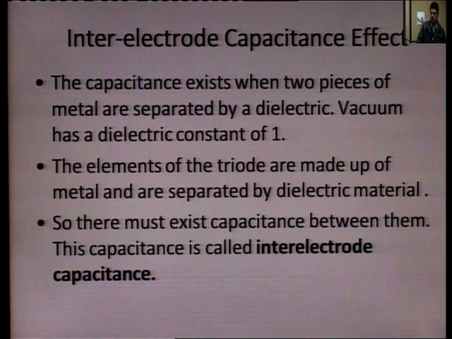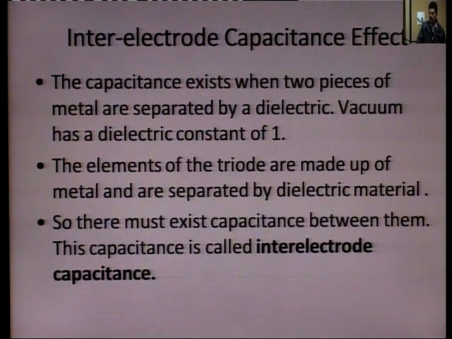As the name suggests, inter-electrode means between two electrodes a capacitance exists, because electrodes are basically metal pieces, and between these two electrodes is a gap, an air gap.